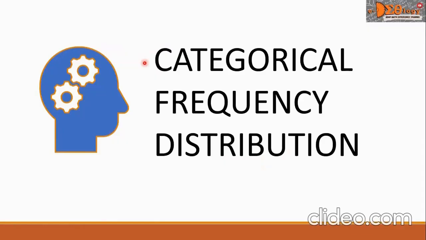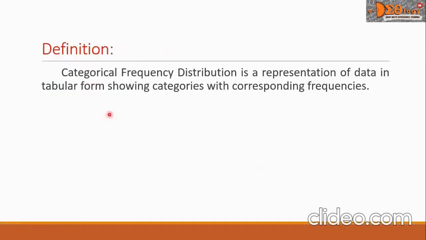Today we're going to study categorical frequency distribution. Categorical frequency distribution is a representation of data in tabular form showing categories with corresponding frequencies.